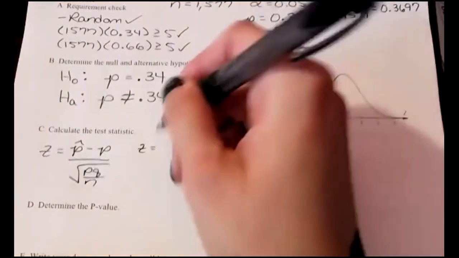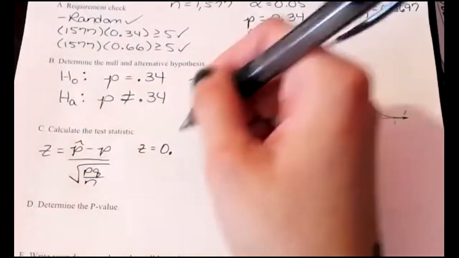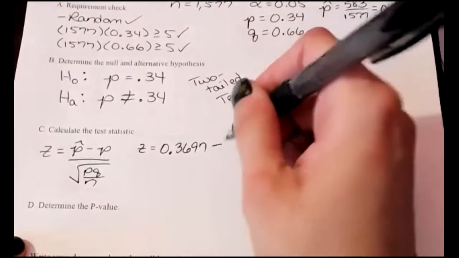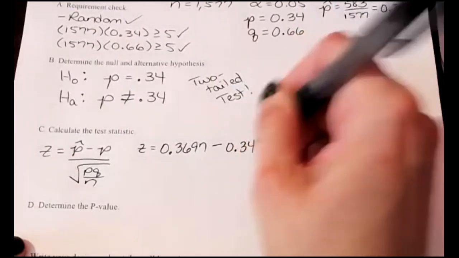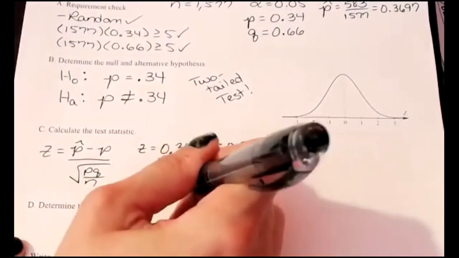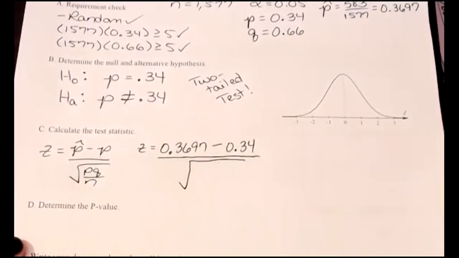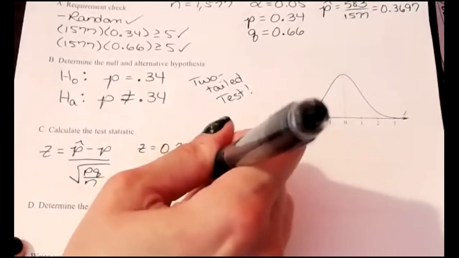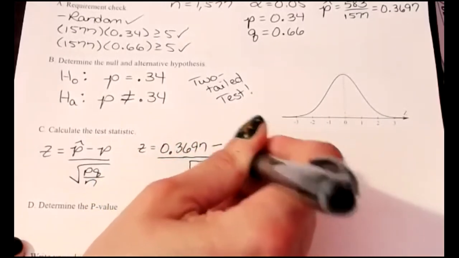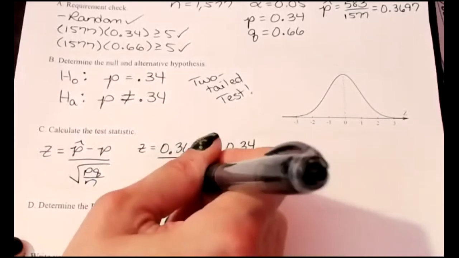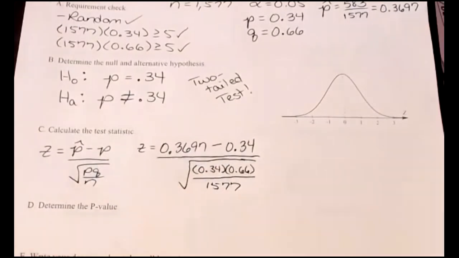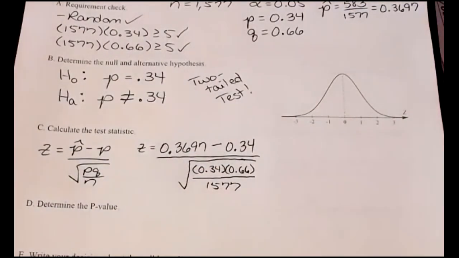So p hat is 0.3697 minus our p, which is 0.34, all over the square root of p times q. So 0.34 times 0.66, all over n, and n is 1577. Cool, let's punch this in.